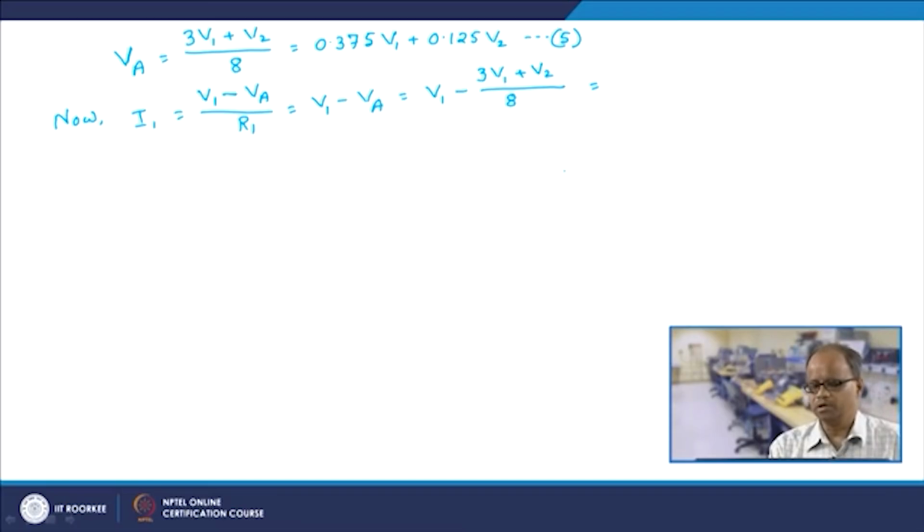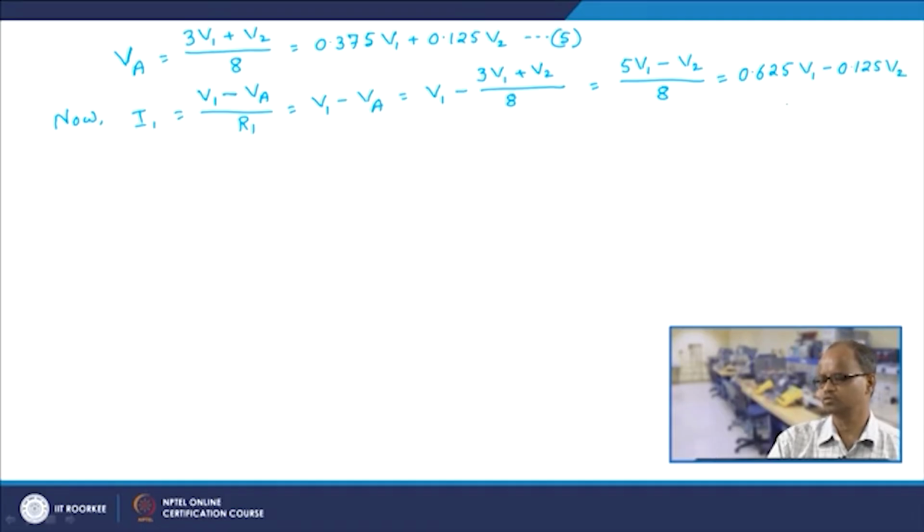So it is (5 V1 minus V2) by 8. So it would be 0.625 V1 minus 0.125 V2. So this is equation 6.